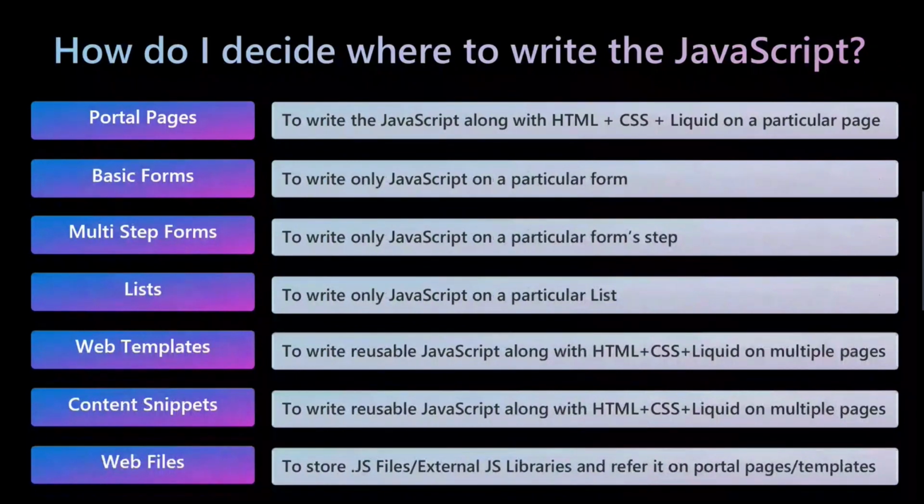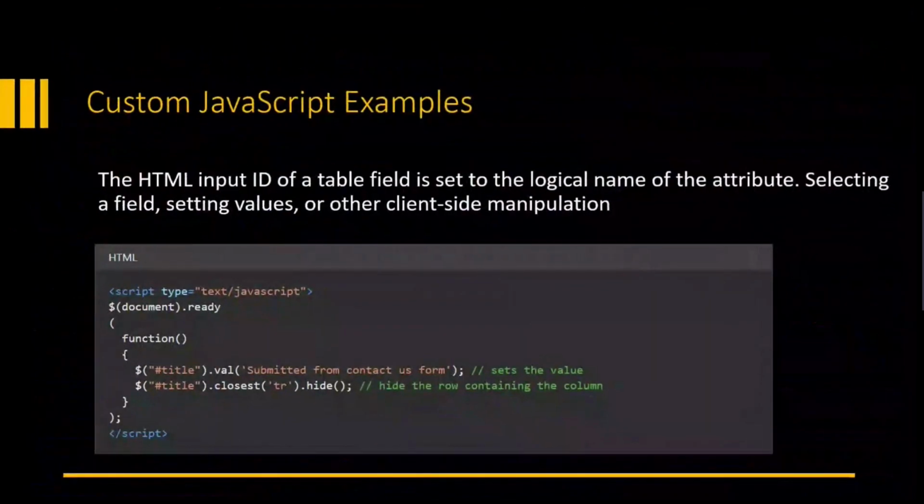There are some sample examples I have shown you, like custom JavaScript. If you have to retrieve the control of the logical name of your attribute, this is the syntax you have to use. It is just simple DOM-based JavaScript of the jQuery. Let's say here the title is the logical name of my field that is available on the Dataverse form.